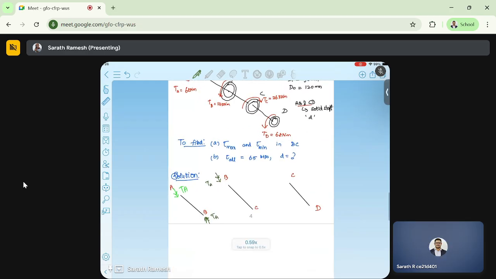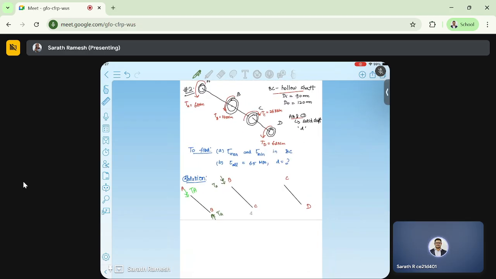In addition, there is a torque acting in the BC direction, my thumb is pointing in the BC direction. So there is another torque which is going to be added, which is TB. To maintain equilibrium, there is another torque in the opposite direction, which will be TA plus TB.